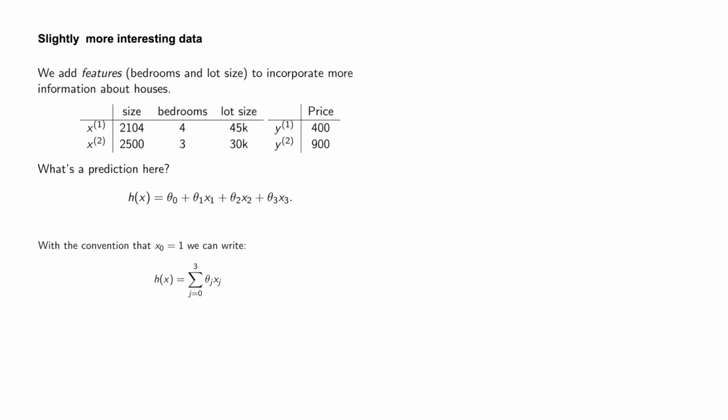So basically these two equations are the same. Sigma represents a sum starting from 0 and going up to 3. So theta 0 x0 plus theta 1 x1 plus theta 2 x2, and so on. And here x0 will be 1. So theta 0 x0 will be theta 0, and that will be our constant.